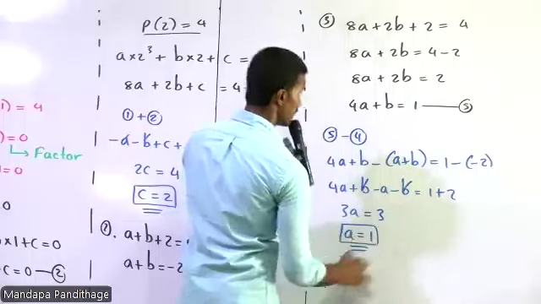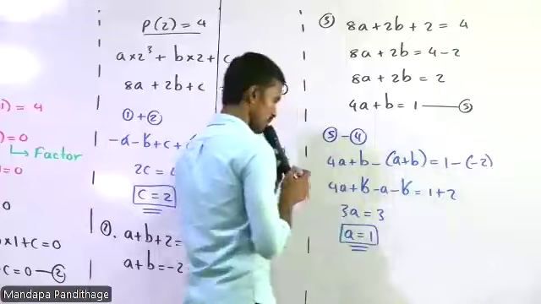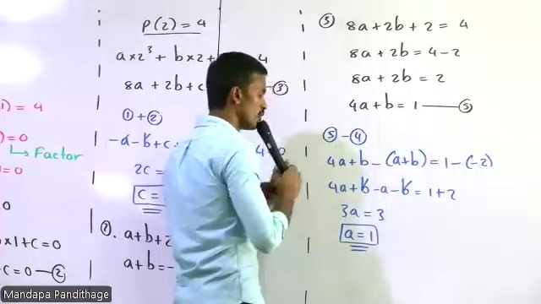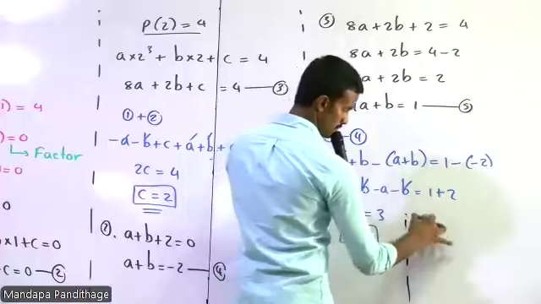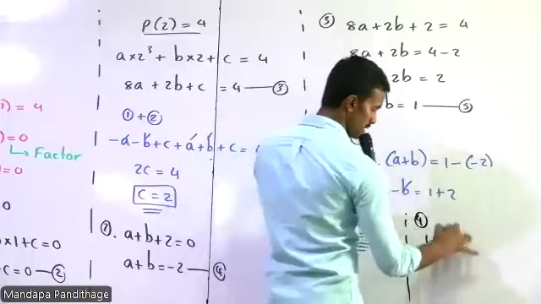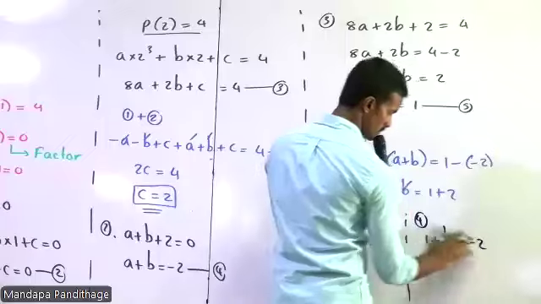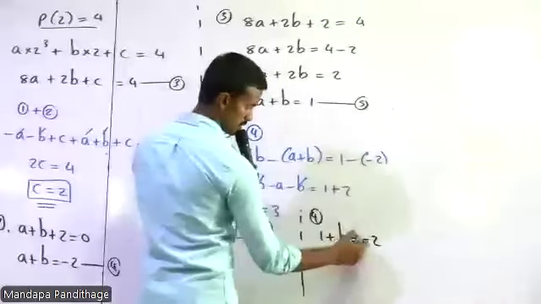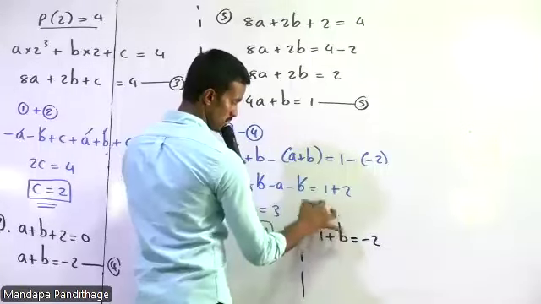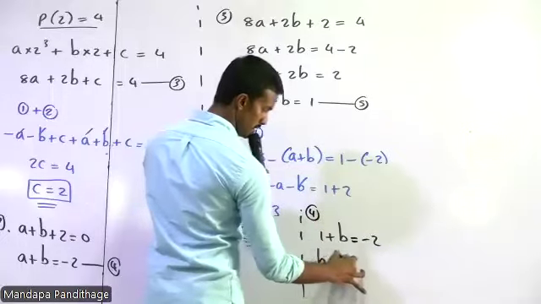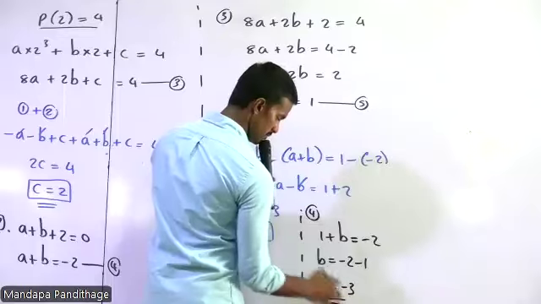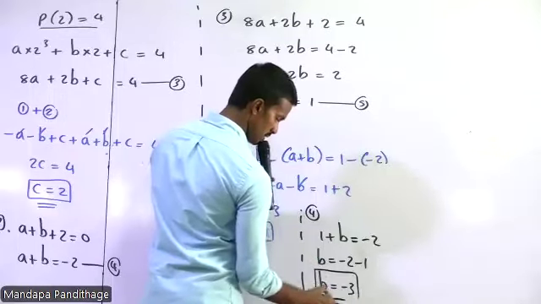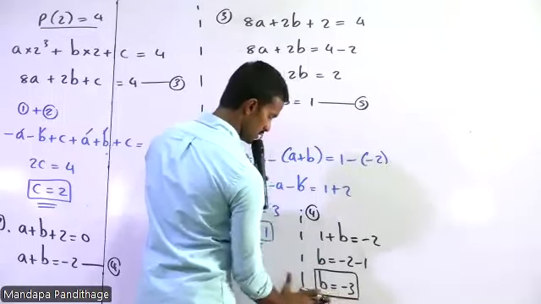When a is equal to 1, from equation number 4, a plus b, 1 plus b is equal to minus 2. I get b equal to minus 2 minus 1. b is equal to minus 3.